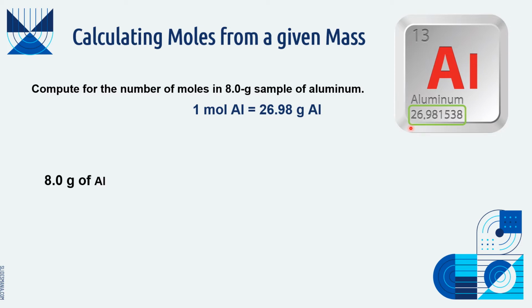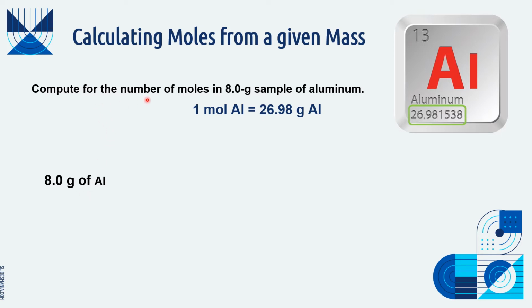So 8.0 gram of aluminum is the given in the problem. We will use the atomic mass of aluminum to get the number of moles of aluminum from this mass.